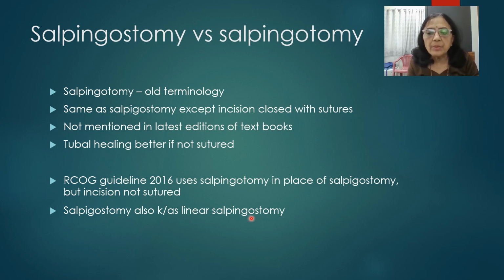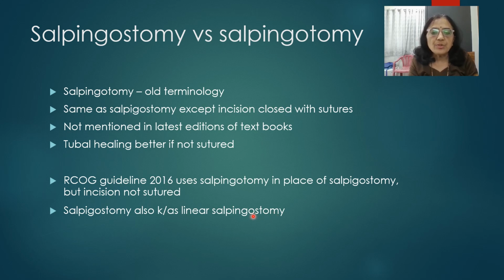Now, the term salpingostomy is also used by some textbooks for fimbrioplasty, where there are fimbrial adhesions, and as a fertility enhancing surgery, fimbrioplasty is done in patients with infertility.